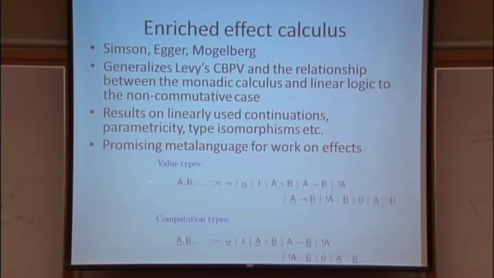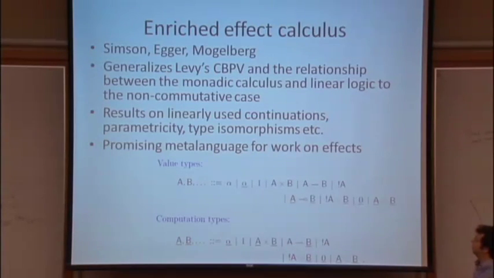There's the separation into value types and computation types. The computation types are underlined here, and so we have a type A linear arrow B. This is the thing that matches the collection of all the algebra homomorphisms in the Eilenberg-Moore category from A into B, as well as the ordinary function space down at the base between value types.